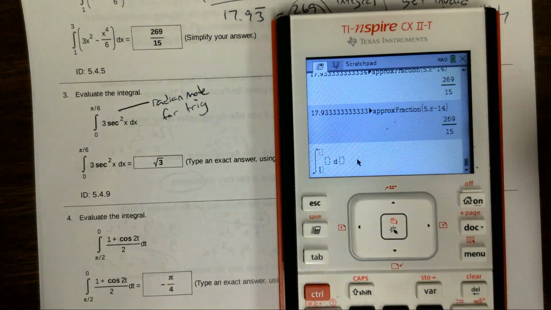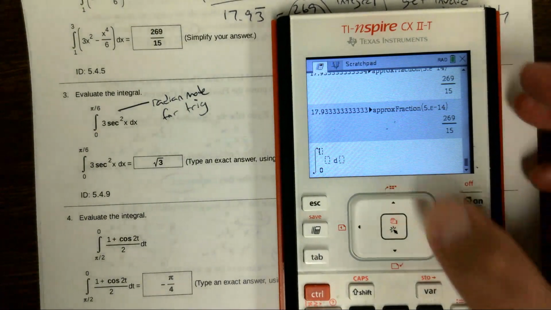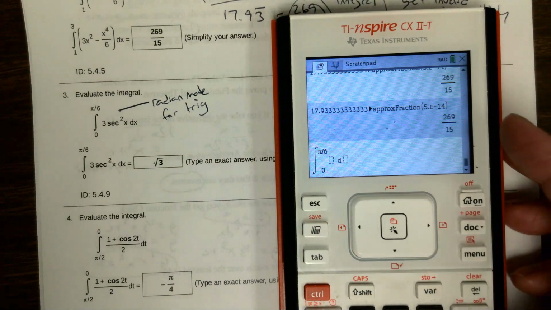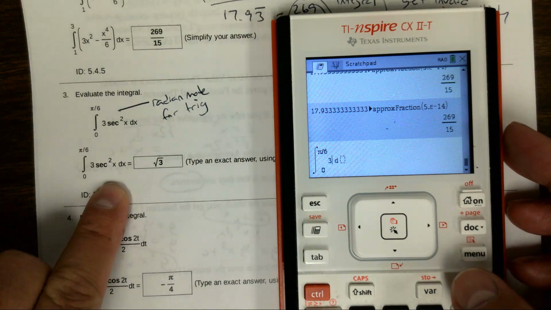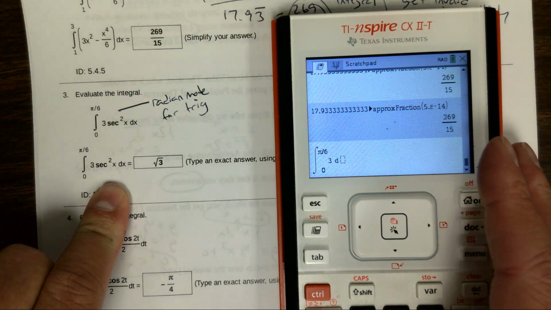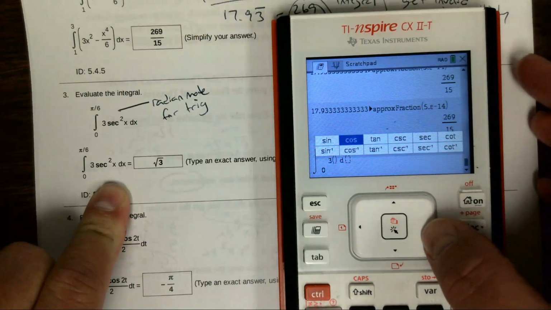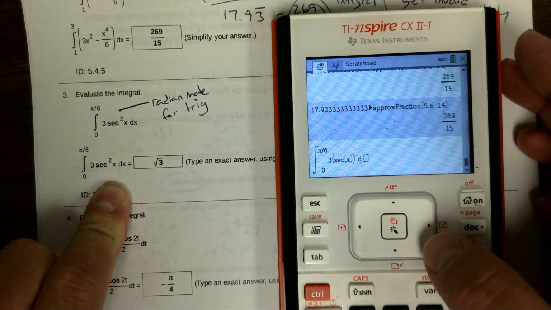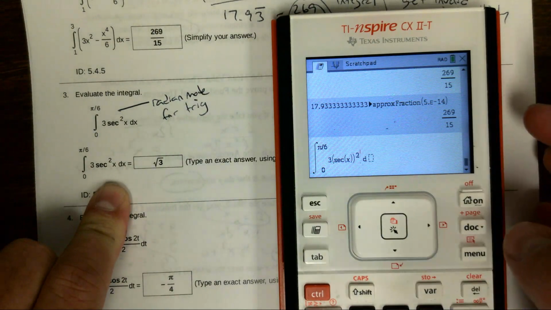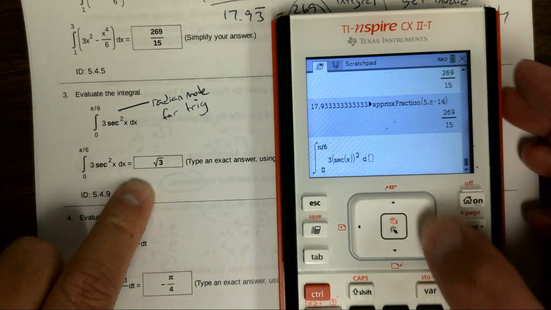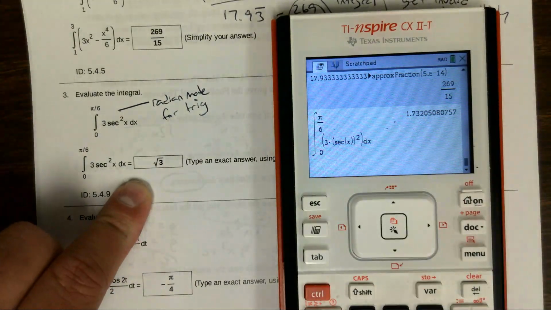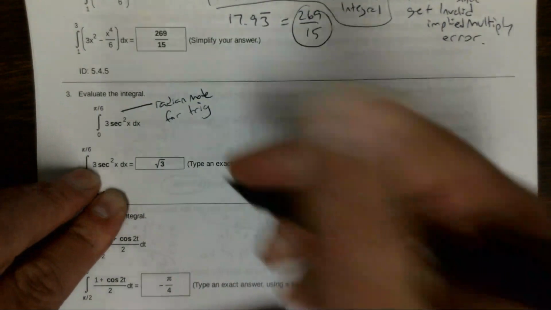And so here we're going from 0 to pi over 6 of 3 secant squared. So what we do is we put a parentheses, we do secant x, and then we do squared dx. Now, when I do this, I get 1.732.